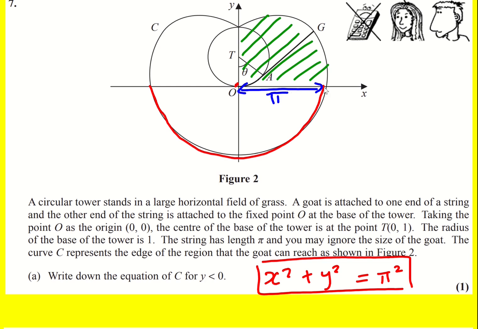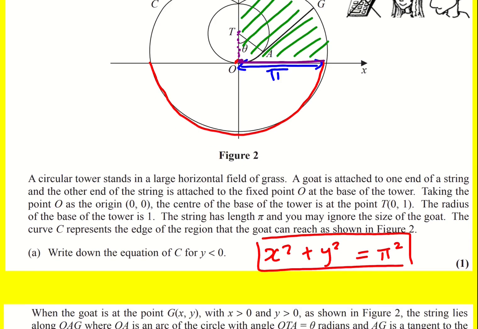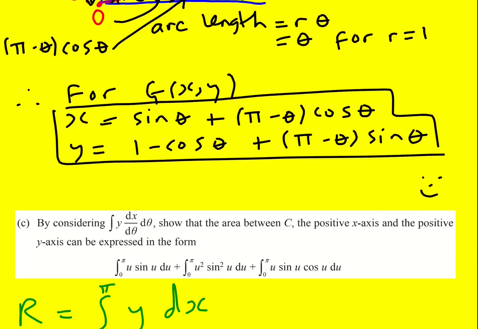We've just got this point here. The angle we'd have to make to get to this would just be 0, and then we'd be going straight along. So when x is pi, theta is 0.